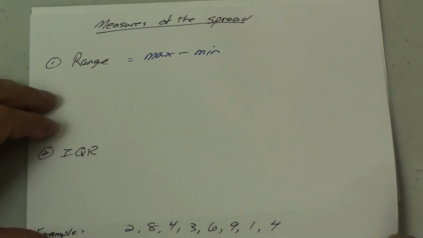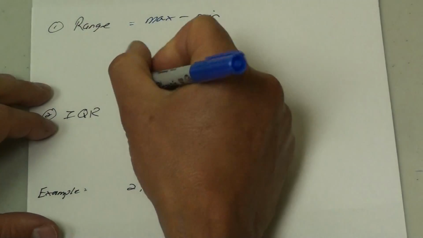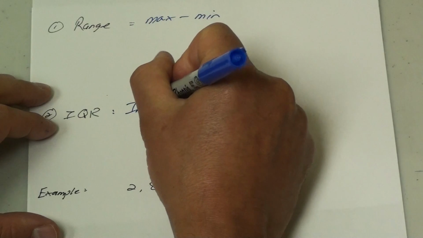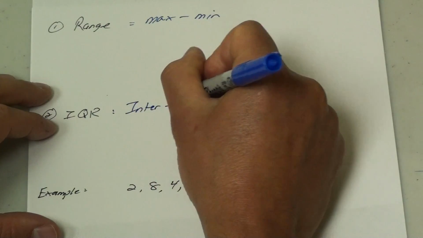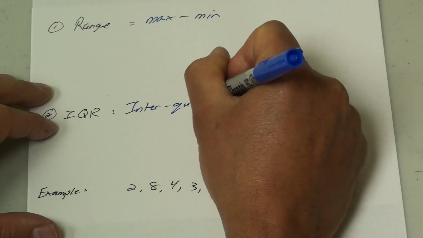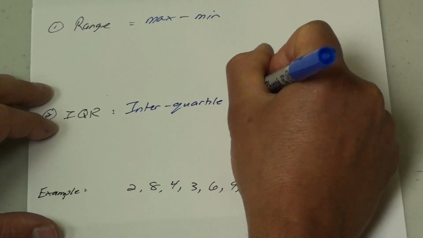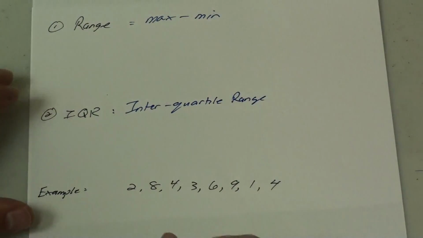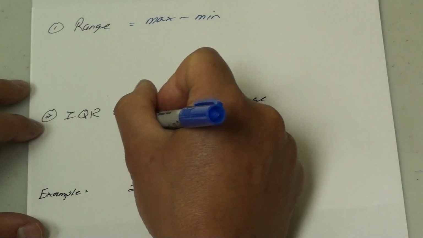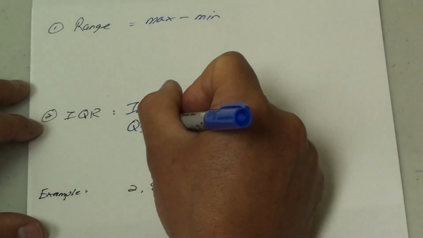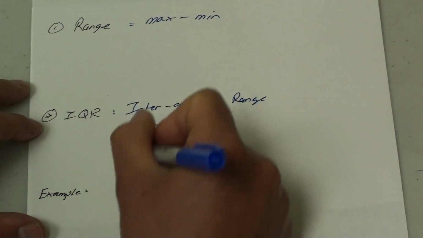Okay. The second one is called the IQR, and that stands for interquartile range. The interquartile range takes what's called Q3 minus Q1.